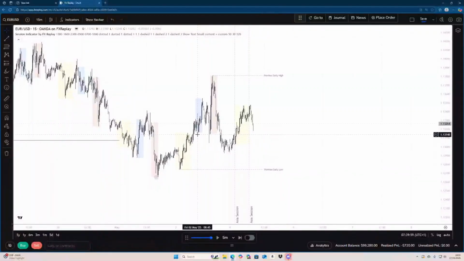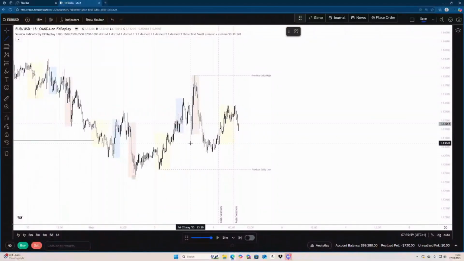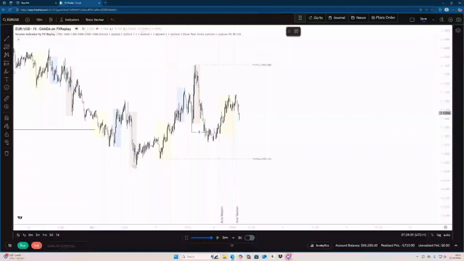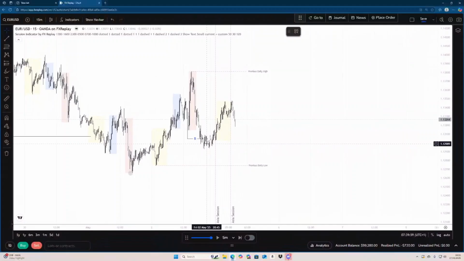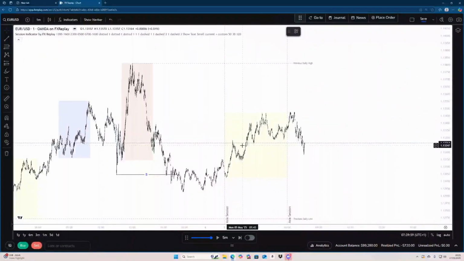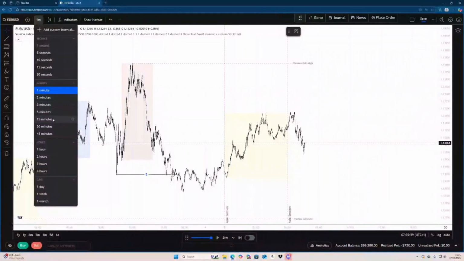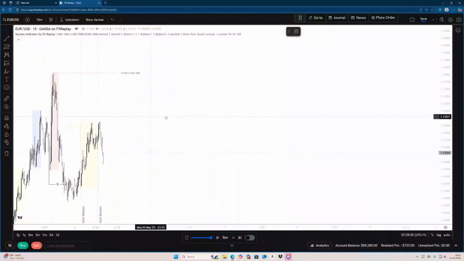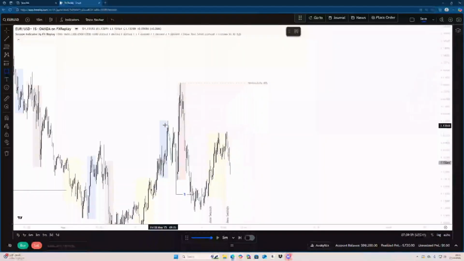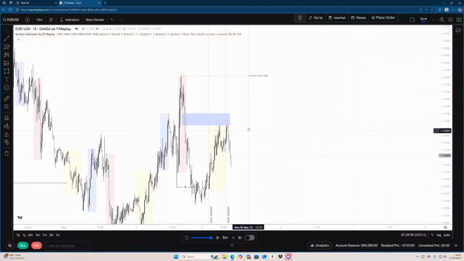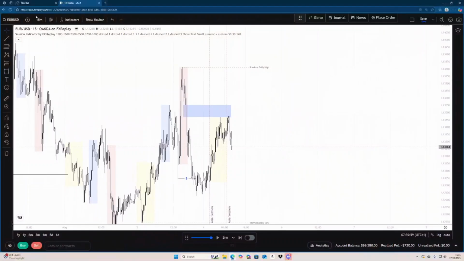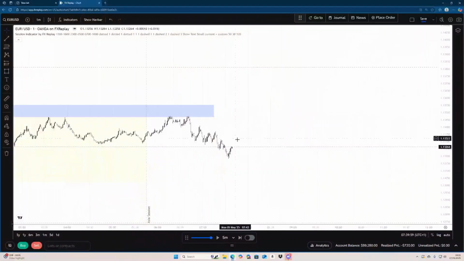15-minute. Swept a couple of these highs here. Broke structure. Could just be a complex pullback, so I want to be careful. Tapping into this imbalance. Let's also imbalance here. Sweep the Asian high, yes.